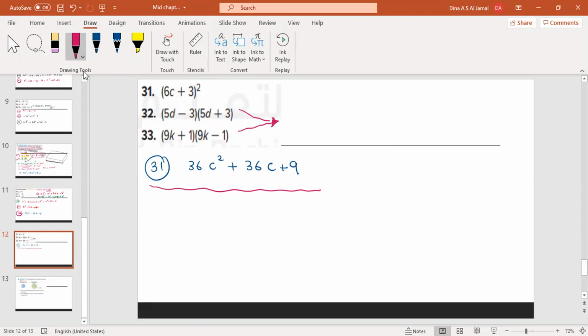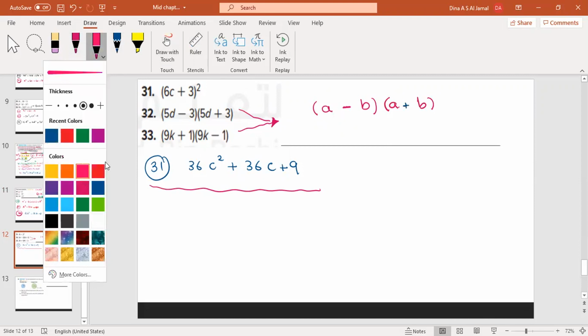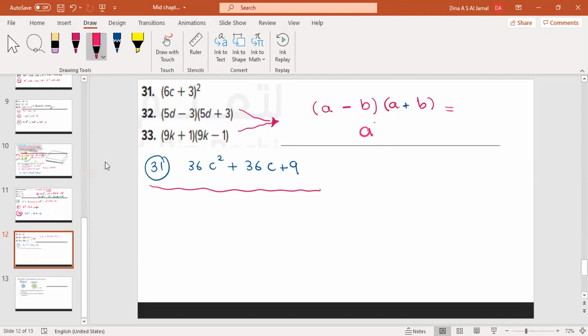These will be a special product of difference and sum. So whenever you are having a term and another term, one time it came with negative, another time with the same terms, it gave you positive value. So in this case, if you used the FOIL method, it will be giving you a squared minus b squared.